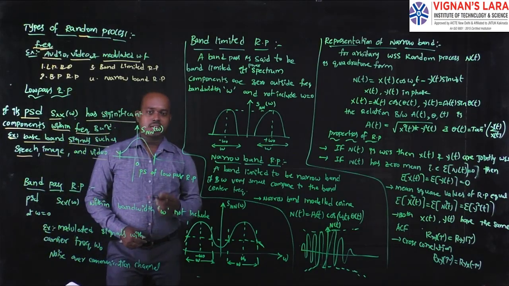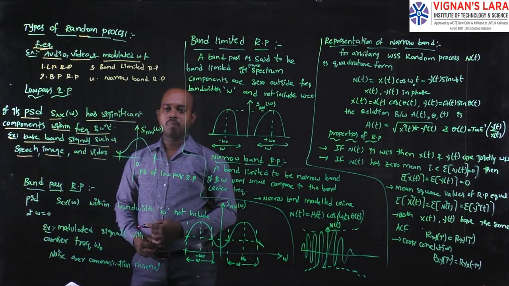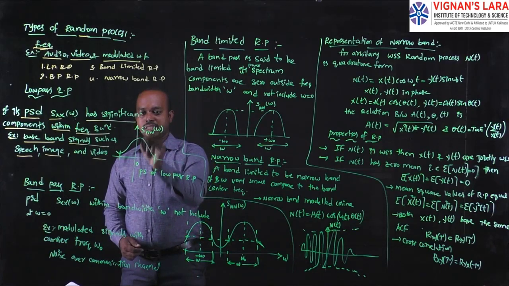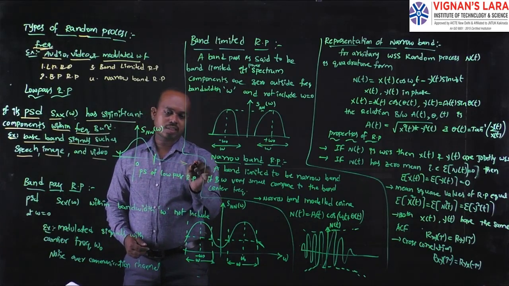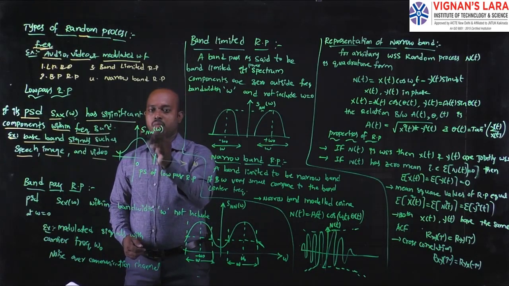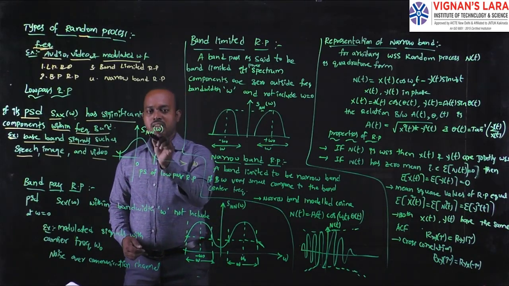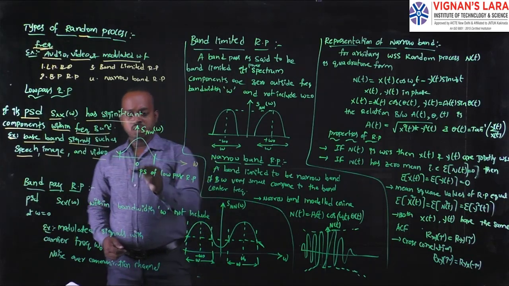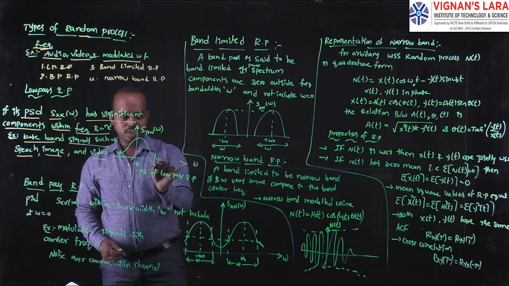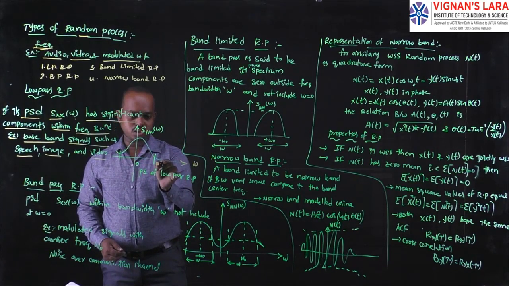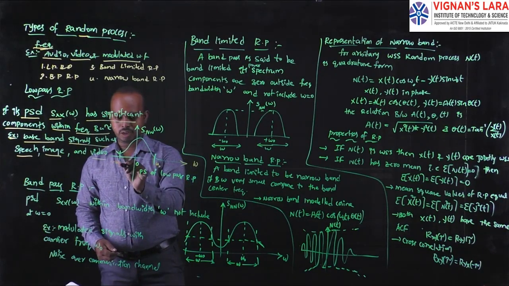You can see the graphical representation of the low pass random process. Here we consider the spectrum. On the x-axis we consider omega, and on the y-axis the power spectrum S xx of omega. Here you have to take certain cutoff frequencies: omega naught and minus omega naught.